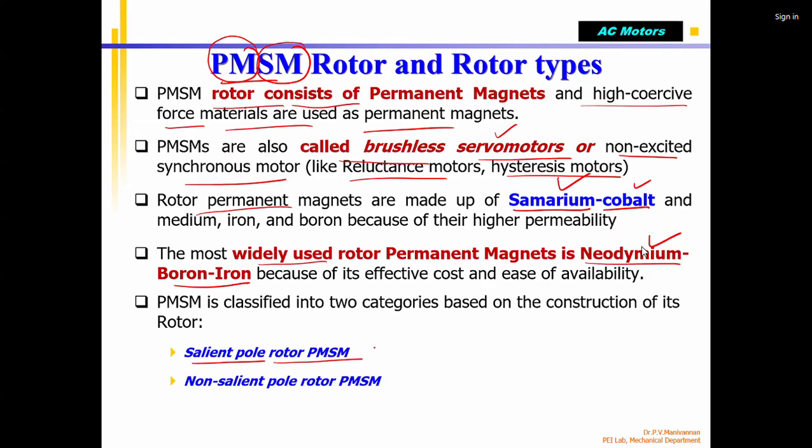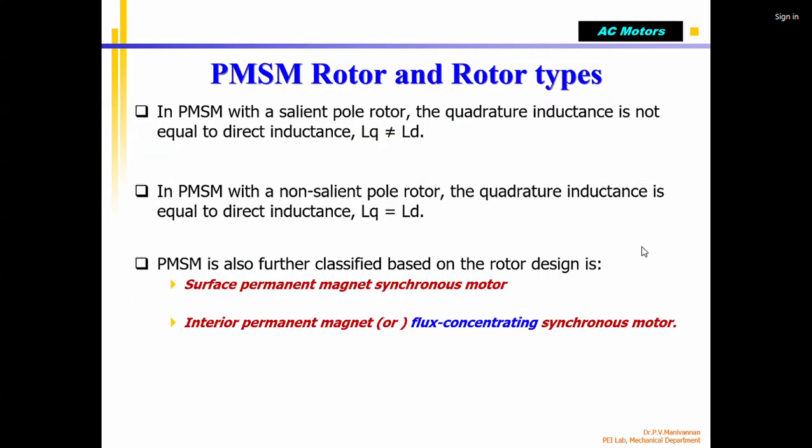The other one is called a non-salient pole rotor, also used in PMSM. There are two types: one is salient pole, the other is non-salient pole.